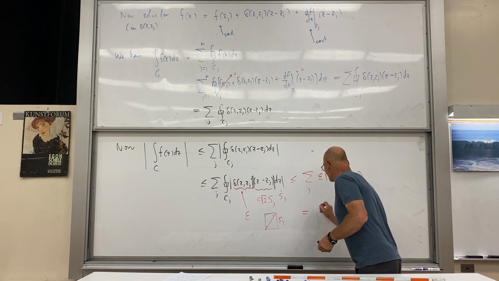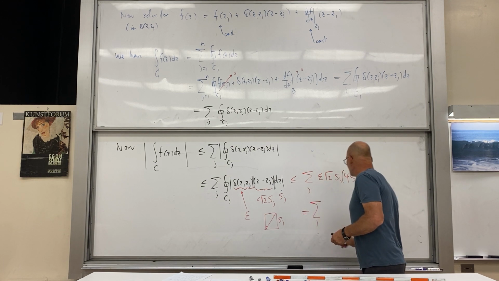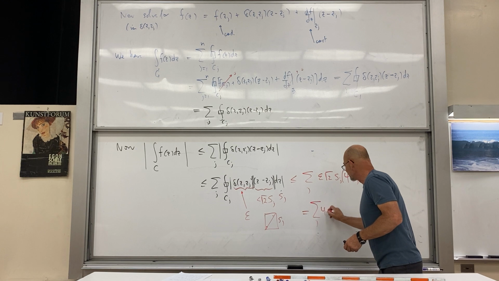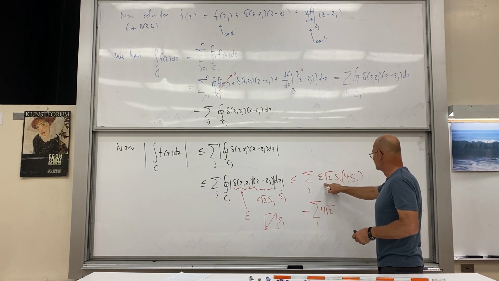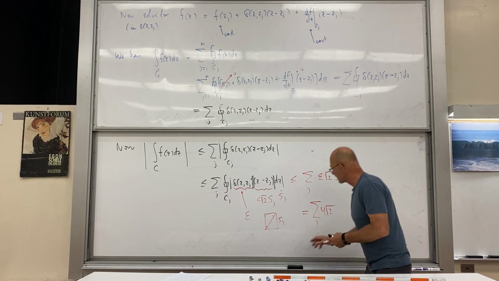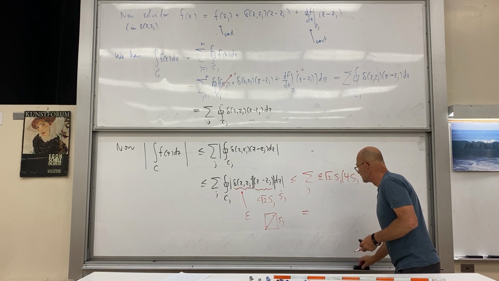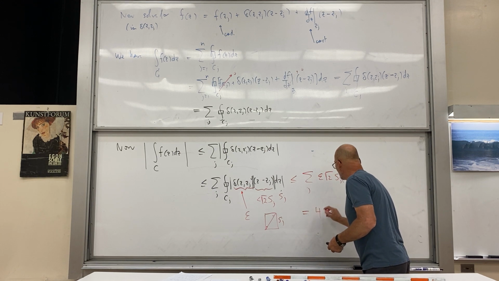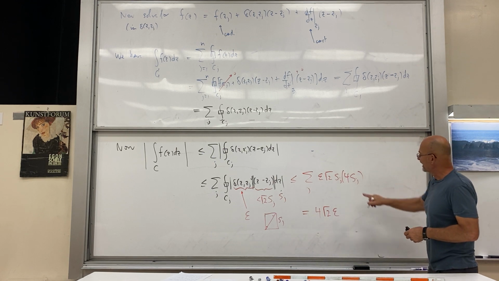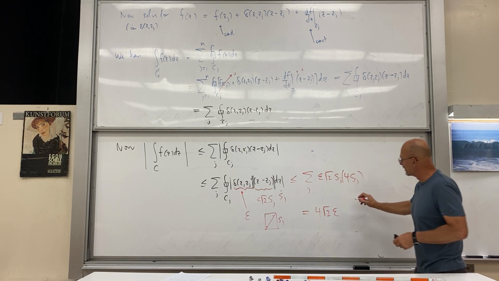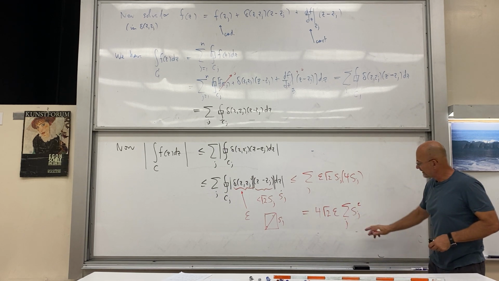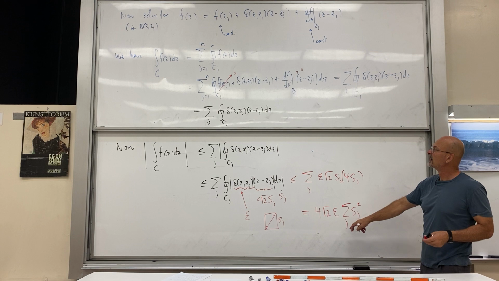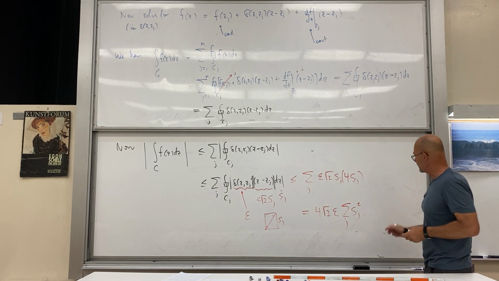And let's see what this is. We have 4 times square root of 2, that's just a number. But then we have, actually, I'm going to pull these out. So we have 4 square roots of 2 and epsilon, and then we have the sum of s sub j squared, and this just turns into the area enclosed by the contour.